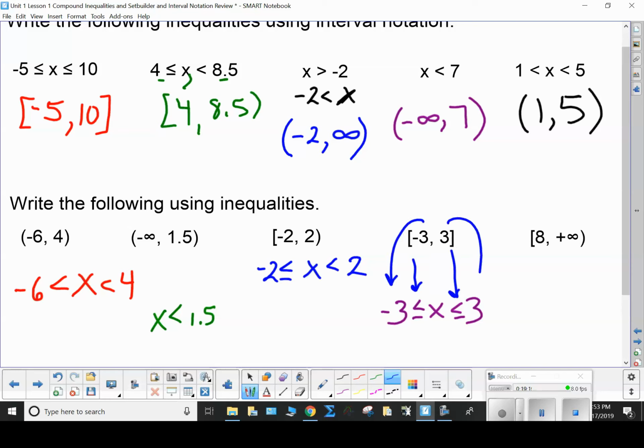The numbers go here, and then the x, that's what our comma becomes. Finally, we're looking at this one, and we have 8, and we have an x. We don't have another number, so we don't put anything out there, and it's a bracket, so it's going to be less than or equal to. That's all there is to going from interval notation to inequalities. I'm going to stop this part of the video since this is just with all the notation, and I'll do a second part of the video when we work on inequalities.